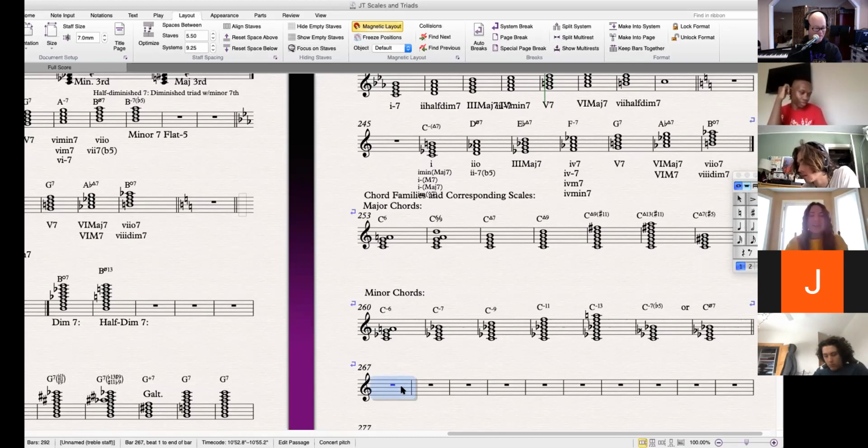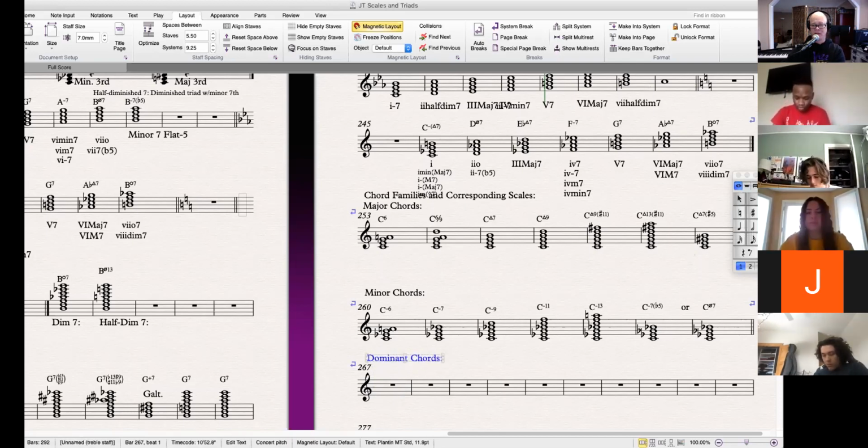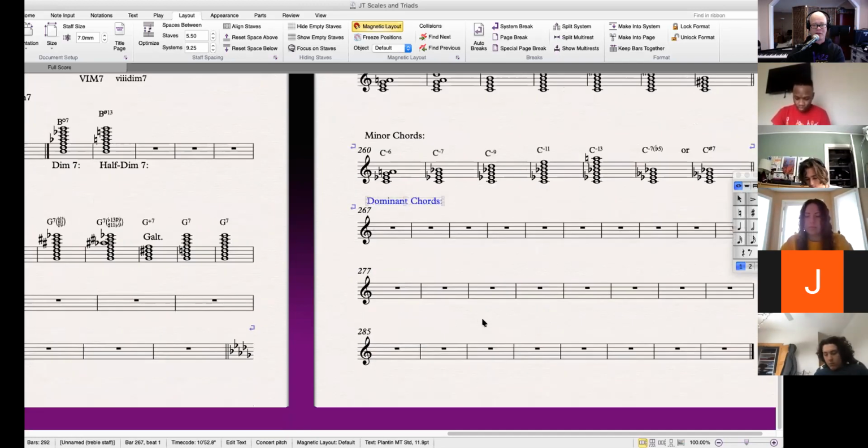Okay. All right. Now the big one again. Dominant chords. That is not how you spell dominant. There we go. Again, I'm using C just because it provides the cleanest palette for us, but you apply these to any root note.